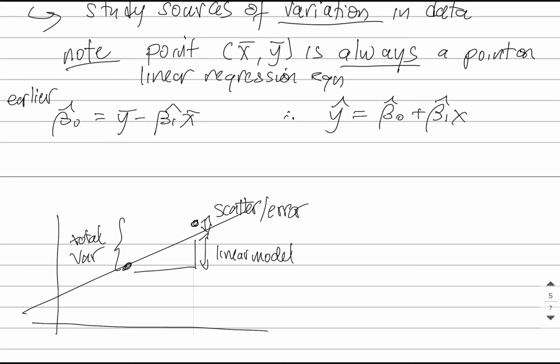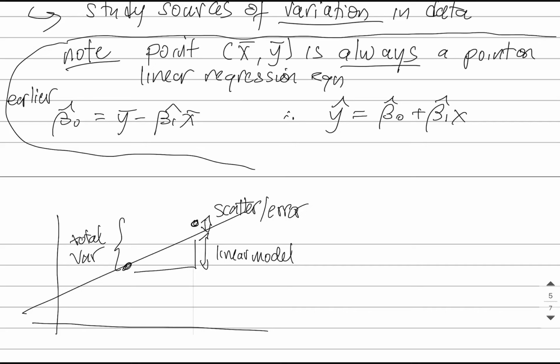Now we're hoping that the scatter portion is very, very small and the linear portion is the majority of it, because we want it to be a linear model, a good fit. Now to make it a little bit more technical, the point x bar, y bar is always a point on your linear regression line. You might have to look at the notes a little bit earlier, but the parameter beta naught hat was given in terms of x bars and y bars.